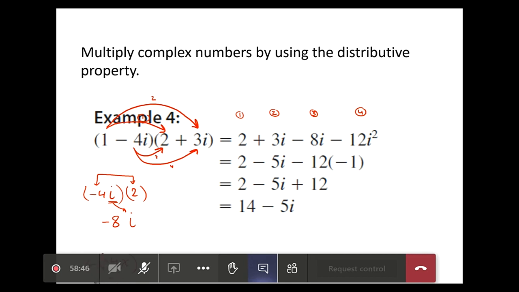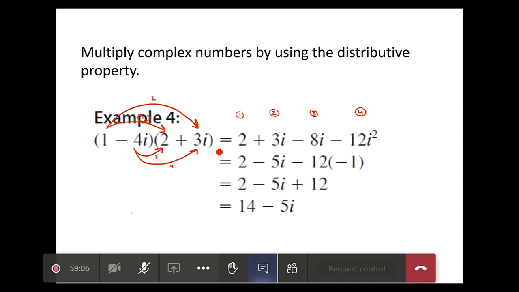Right? So for i it is the same principle. So we have negative 8i. Number 4, negative 4i multiply positive 3i, so we have negative 12.